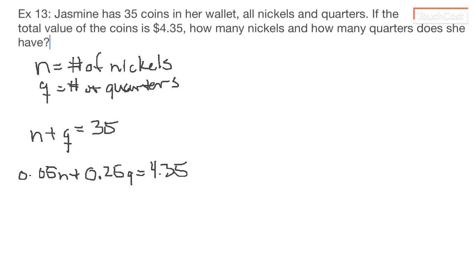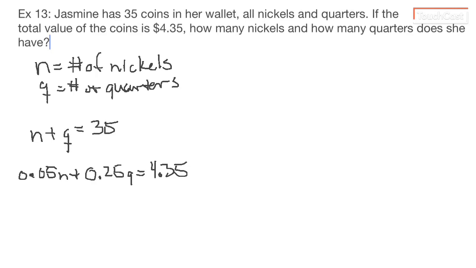Now you might have asked yourself, why did I put these as decimals? Well, if I would have made them whole numbers, I would have needed to make $4.35 a 435. Because that's in dollars, we want to write what part of a dollar are quarters and nickels.